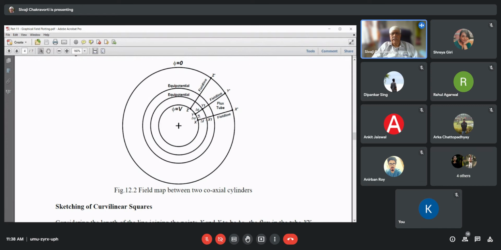Then I take the point X1, which is on the first equipotential, and I move along, perpendicular to the equipotential, and I take this distance between X1 and Y1. Now it becomes my del S, and this del L by del S ratio must remain constant. So whatever ratio is del L by del S, that is the distance between X and X1 and X and Y, this ratio I know already.